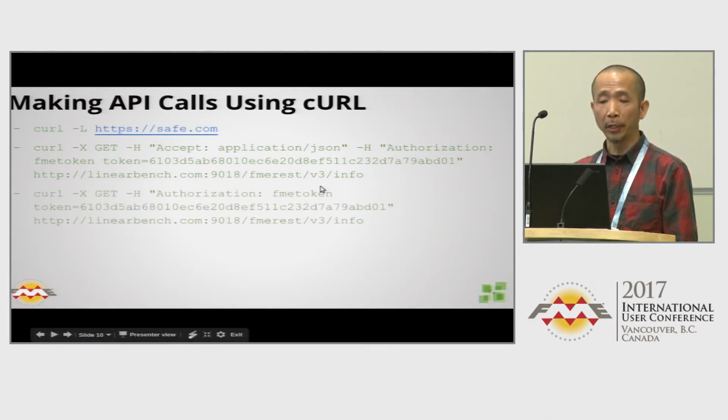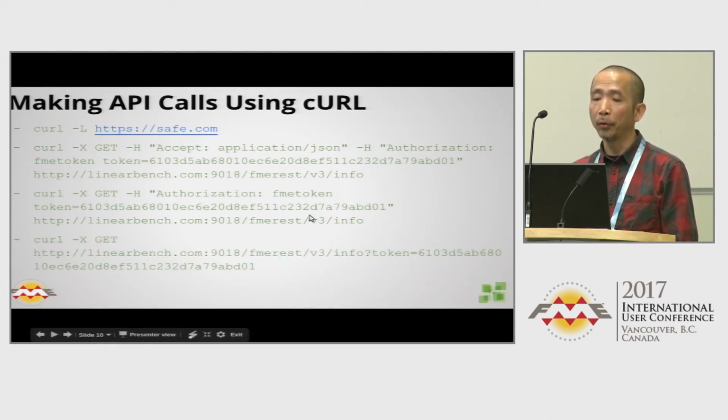Another variation is that, by default, application/json is the header style, so you can ignore that and make your line a little bit easier. Furthermore, you can put the token as part of the query string, in this case question mark token. This way, you can further reduce your typing.